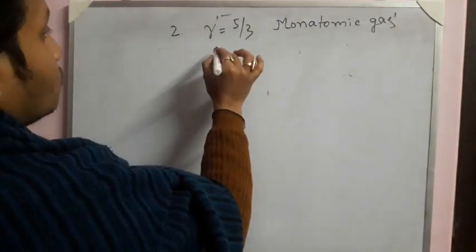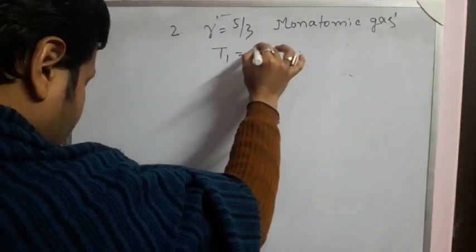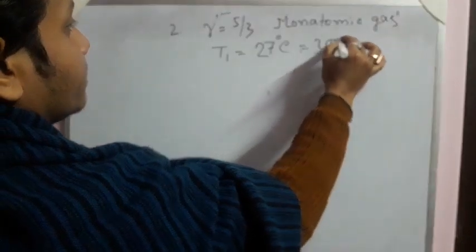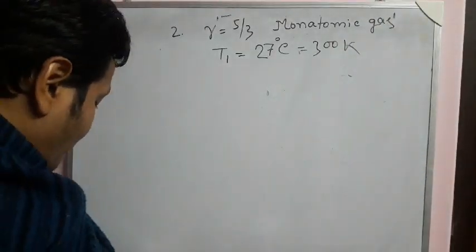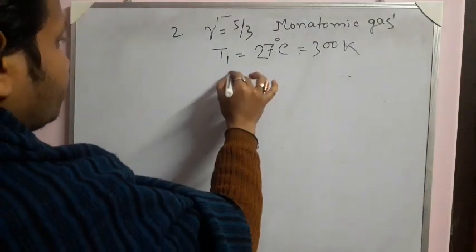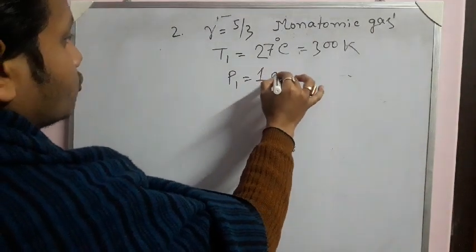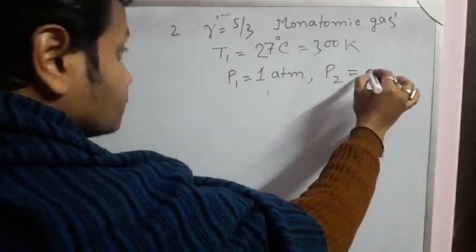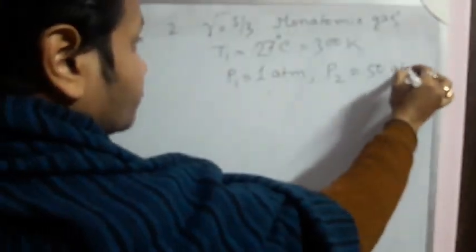So the initial temperature is given, that is 27 degrees Celsius, that means 300 Kelvin. The initial pressure is given, 1 atmosphere. The final pressure is also given, 50 atmosphere.